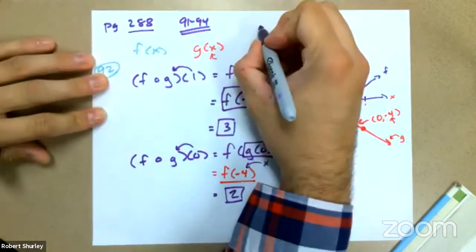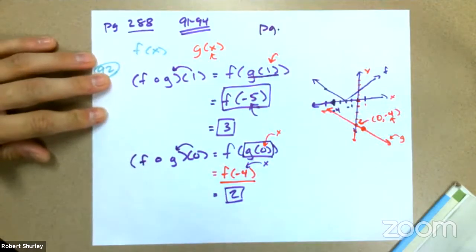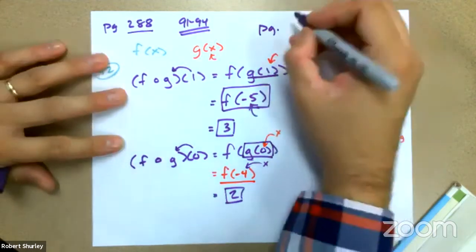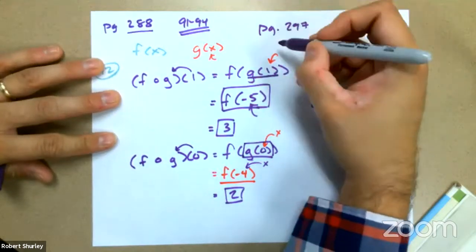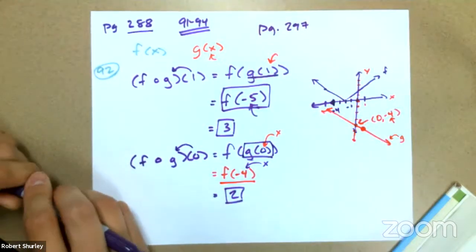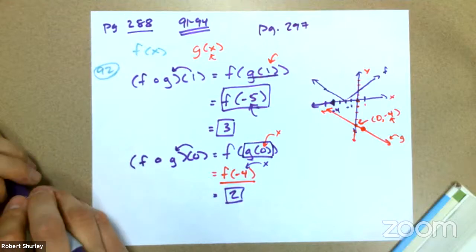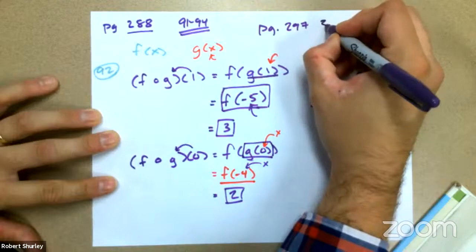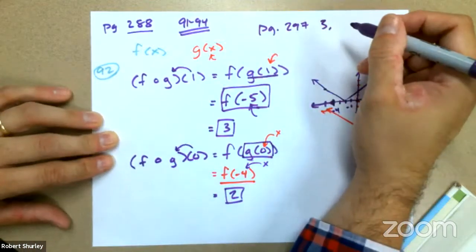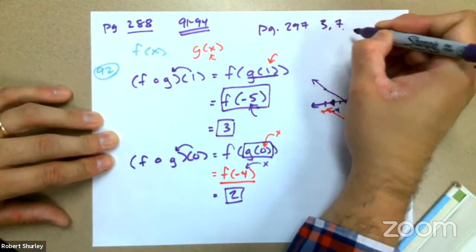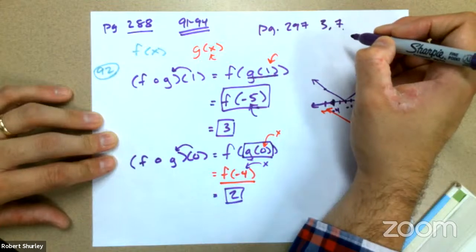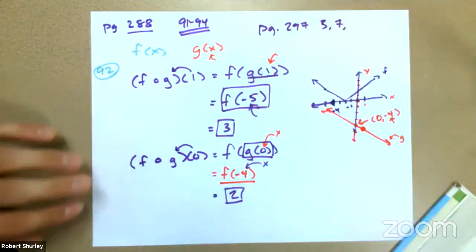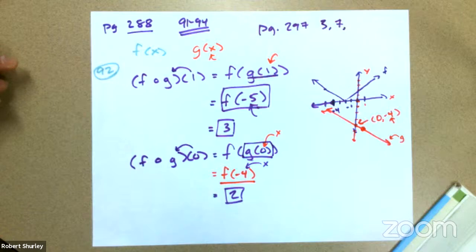For homework, it starts on page 297. Remember, the first questions are about domain. I'm going to ask you a few of those: 3 and 7. Then we're going to start on the combinations, which I want you to do 31 through 57.